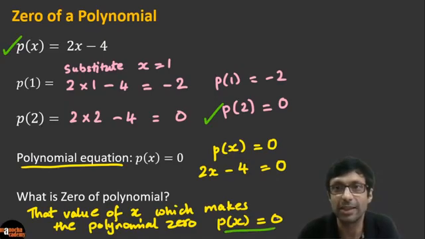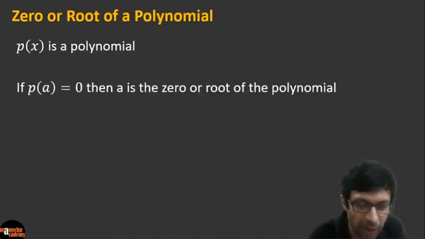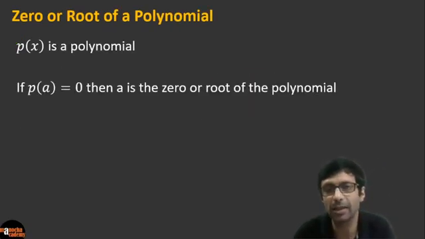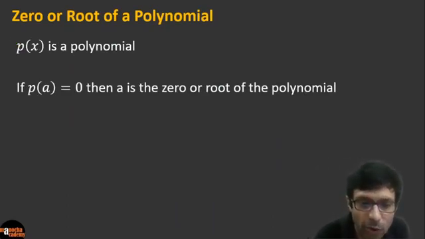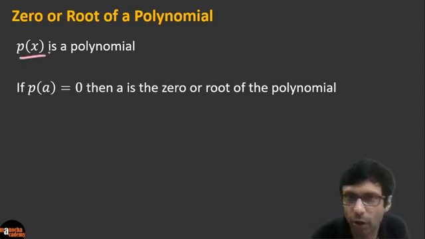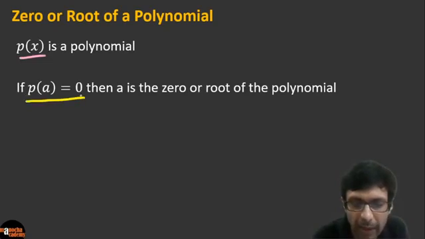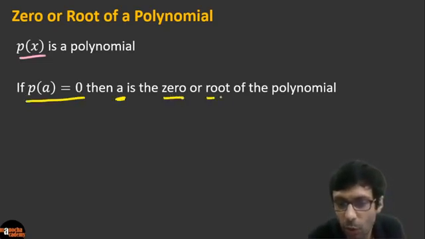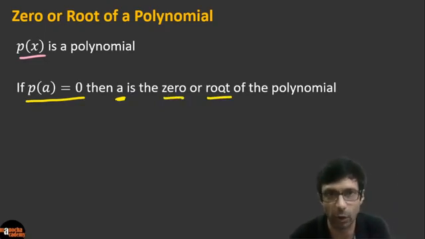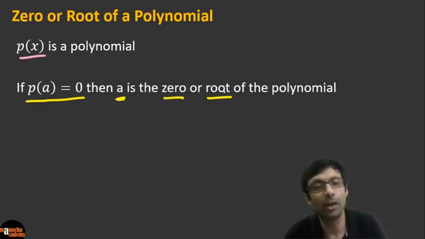So we can write generally that if p(x) is a polynomial and p of a equal to 0, then a is called the 0, also known as the root of the polynomial, or root of the polynomial equation.